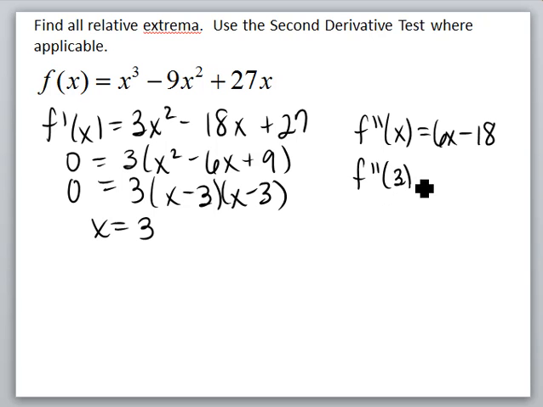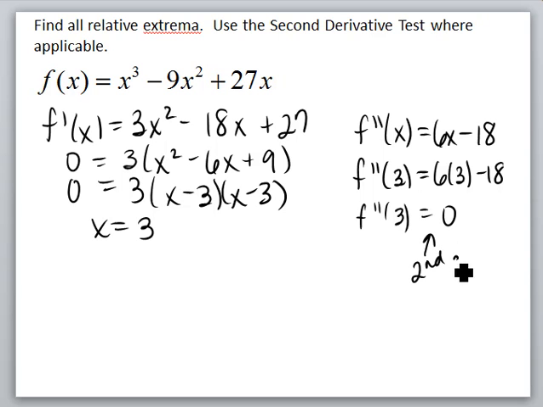When I plug in 3 into my second derivative, I end up finding out, well, I get 0. So it's neither concave up nor concave down, and I can't use my second derivative test. While I thought this was going to be easier, it ends up being a little bit more work. So the second derivative test does not apply because I didn't get a positive or negative value.